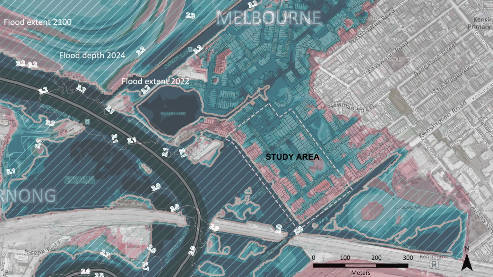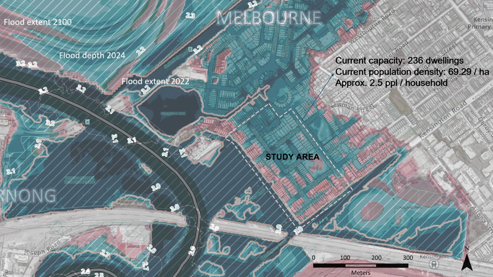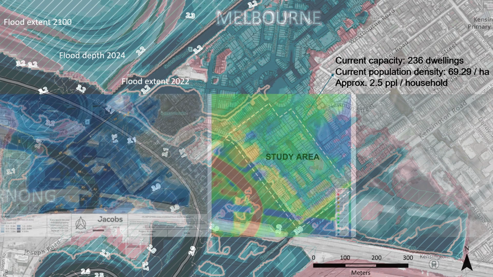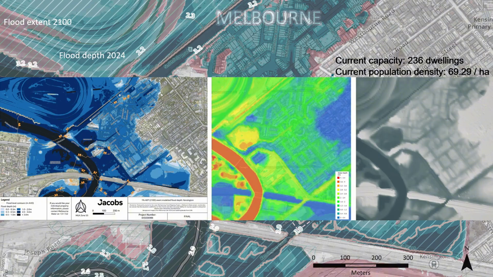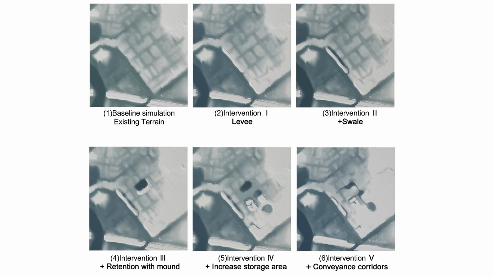In this context, the complexity and multifunctionality of the floodplain system not only require speculative design but also testing. Therefore, this approach first established a baseline alignment across the official flood map, hydrodynamic modeling in MIKE+, and real-time simulation in Unreal Engine based on existing terrain.